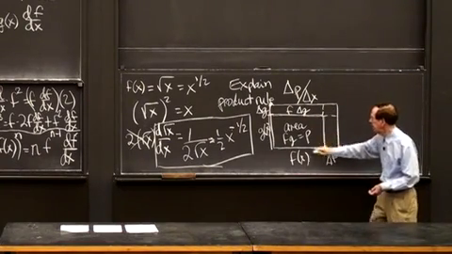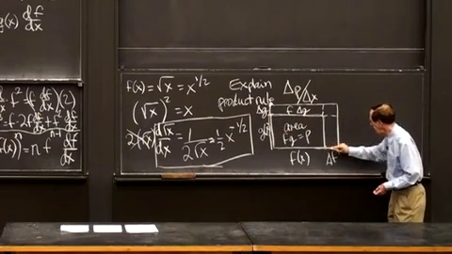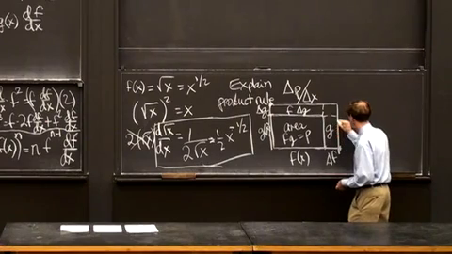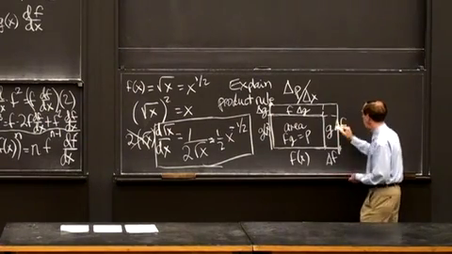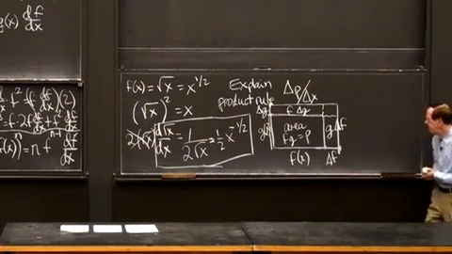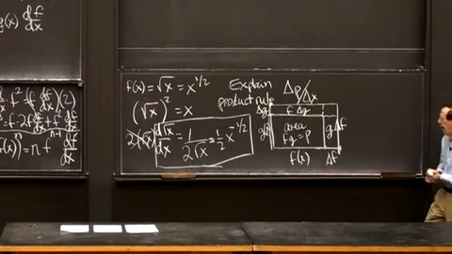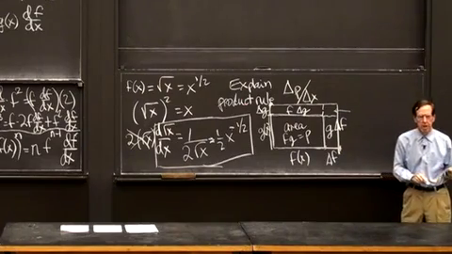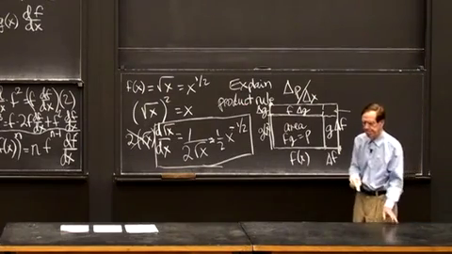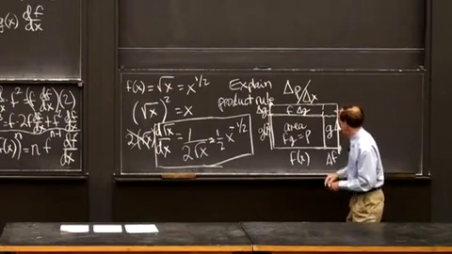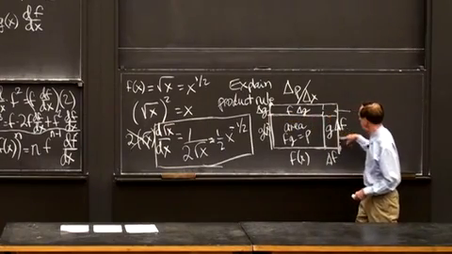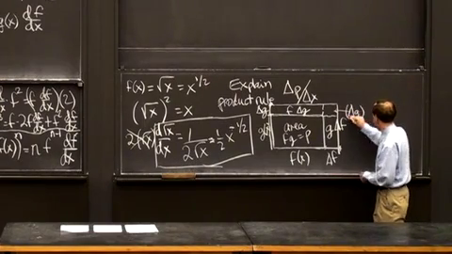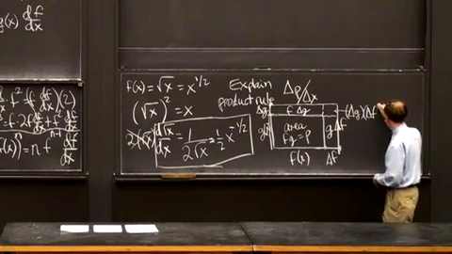That has height G and base delta F. So here I'm seeing a G times delta F for that area. And what about this little corner piece? Well, its height is just delta G, its width is delta F. This is delta G times delta F.